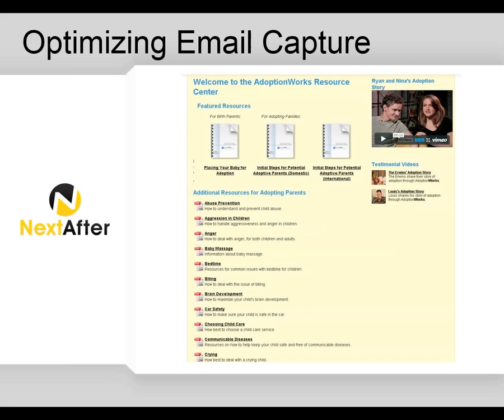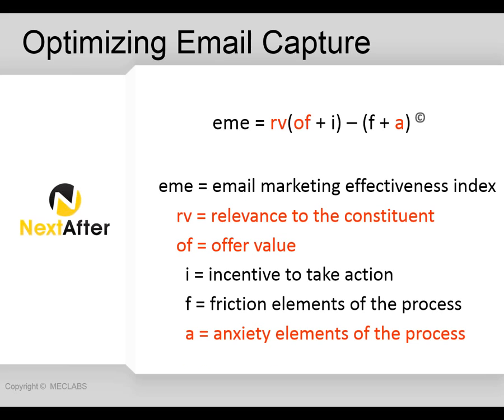But let's go ahead and look at how we might optimize that page. So again, looking at our formula, in this case, we're focusing on increasing the relevance of the offer and reducing some of the anxiety associated with the process. So applying this methodology to this page, on the left is the control.